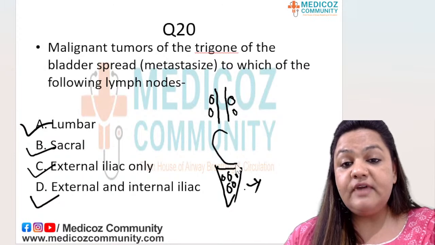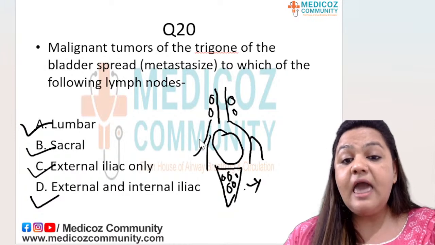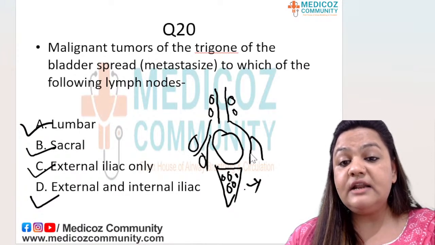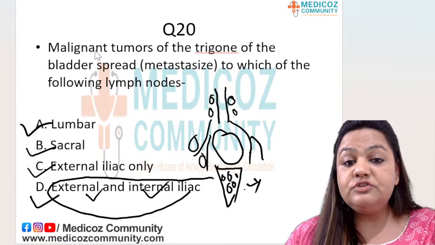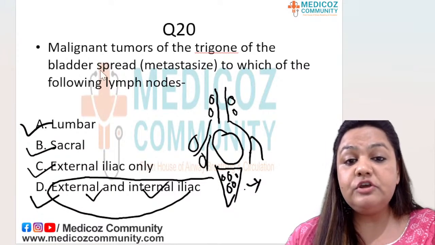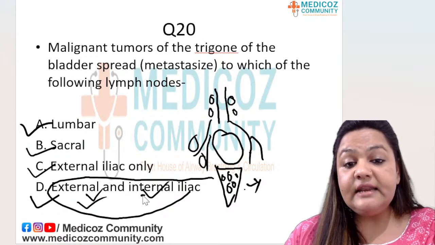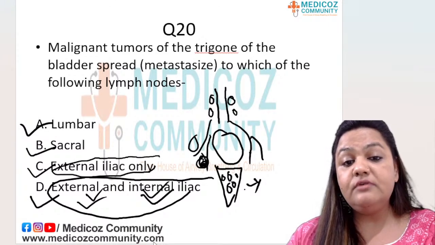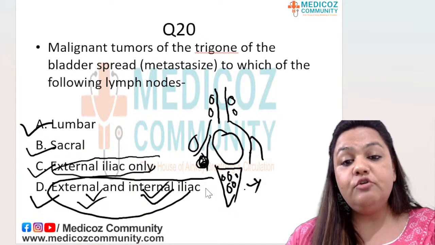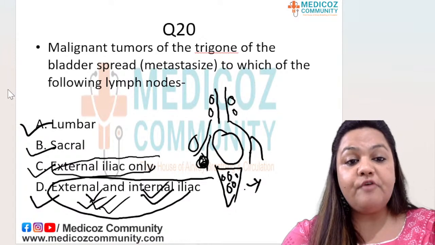In between, we have the urinary bladder, and the blood vessels surrounding it, the external and internal iliac arteries, and the lymph nodes related to them, the external and internal iliac group of lymph nodes. So that will be the answer here. In case of a malignant tumor of the trigone of the urinary bladder, the cancer may spread to both the external and internal iliac nodes, not only external, because the lymph also goes to the internal iliac group of lymph nodes. So the answer is the external and internal iliac group of lymph nodes.